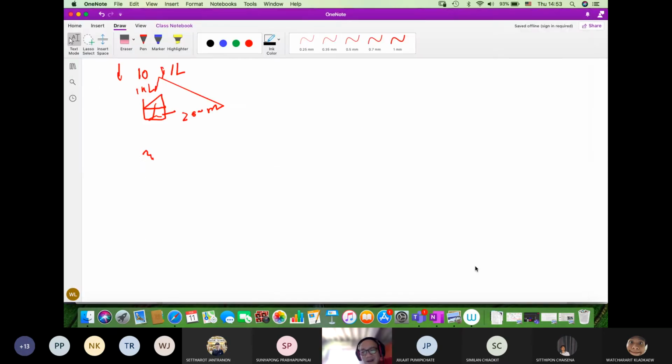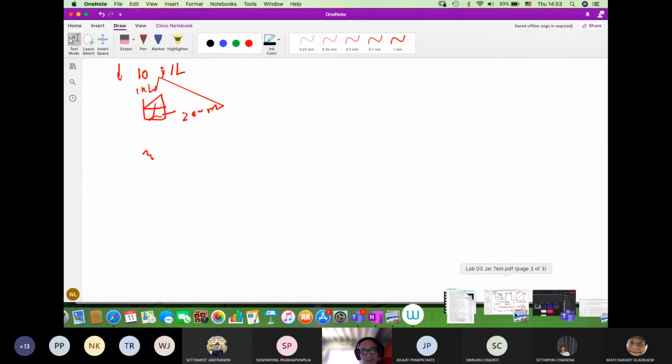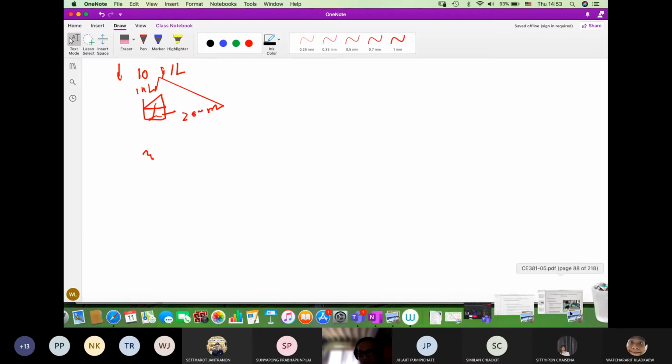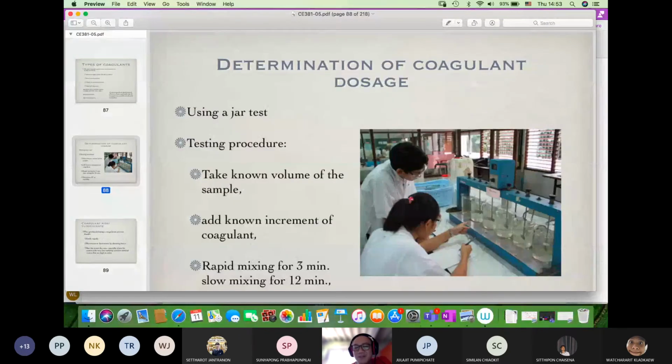Now, as we are going to determine the optimum pH, we are going to vary the pH. We keep the dose constant. For the jars, we control the pH at 4, 5, 6, 7, 8, 9, but the amount of alum we add must be the same.